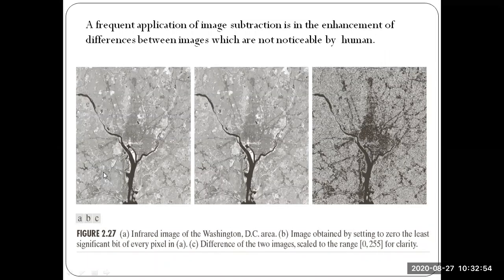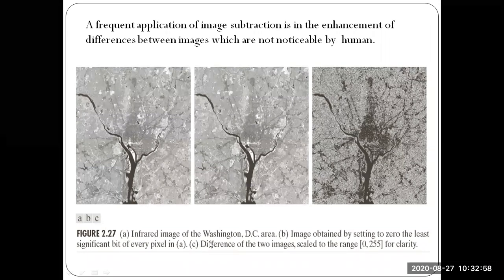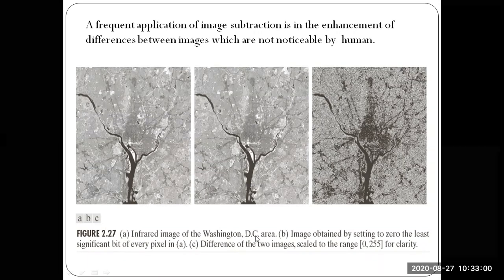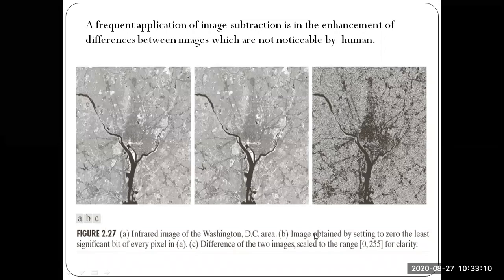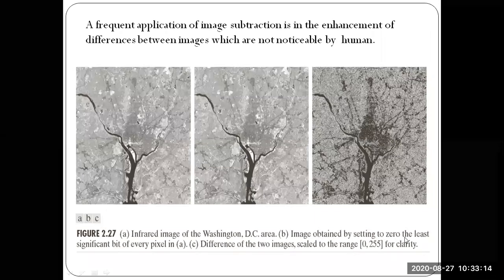A is the infrared image of the Washington area. The same image, I am setting each pixel value's least significant bit to 0.